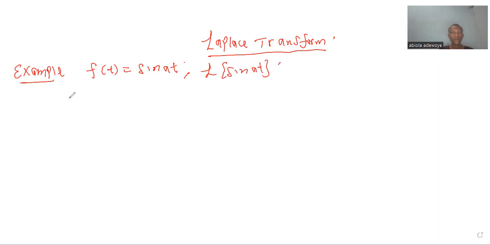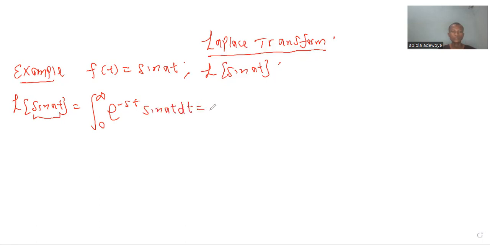Don't forget, from the definition of the Laplace transform. So it means if you are finding the Laplace transform of sine at, I'm going to have the integral from 0 to infinity, exponential raised to minus st, then multiply by the function of t. And what is the function of t? It is sine at, dt.